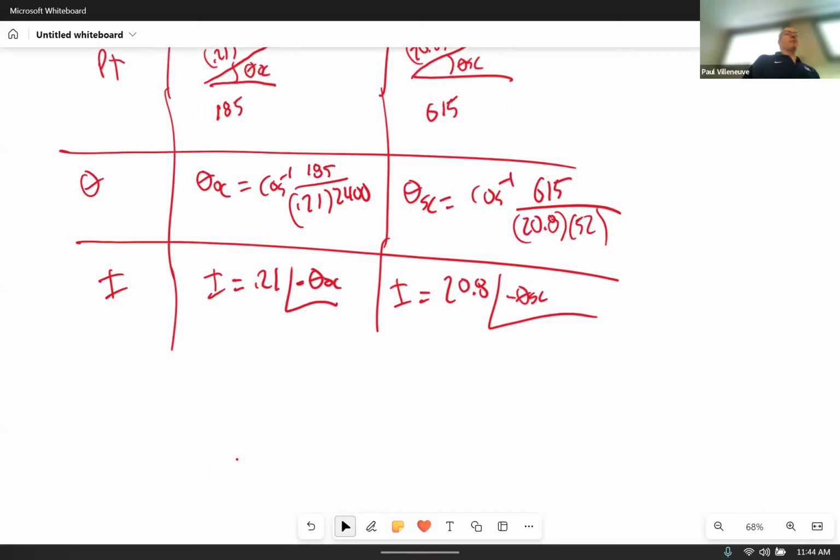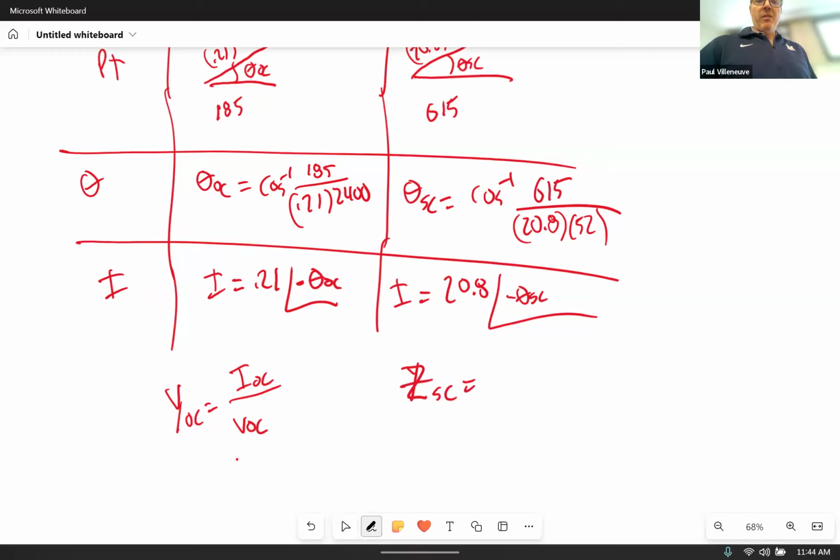And now this is where I'm probably going to stop using the table because the way to calculate them varies a little bit. So I'm going to calculate Y open circuit as my open circuit current divided by my open circuit voltage. And over here, I want Z short circuit to be equal to my short circuit voltage divided by my I short circuit.